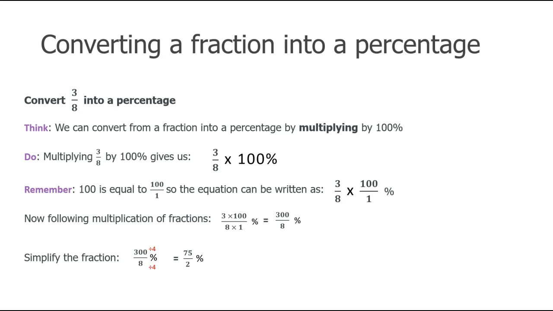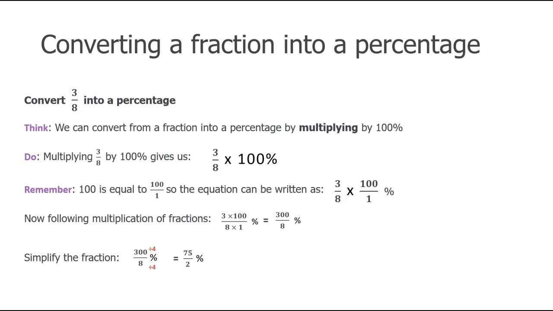I can't see how I can simplify that any further, but I can take it from what it is now, which is an improper fraction, and turn it into a mixed number. And in most cases, you end up doing that. So I'm looking at how many 2's, how many of our denominator, go into our numerator.